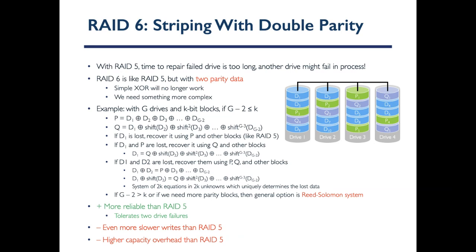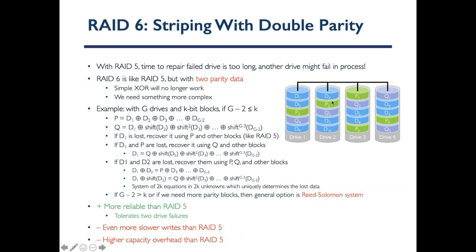And because it could take long, you could actually introduce an opportunity for another drive to fail. And if that happens, then you lose all your data. So you're recovering from one failure and then another failure happens and you're done. So there are cases where you actually want more than one parity. So here is an example with 2 parity.